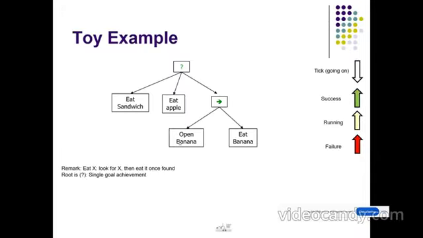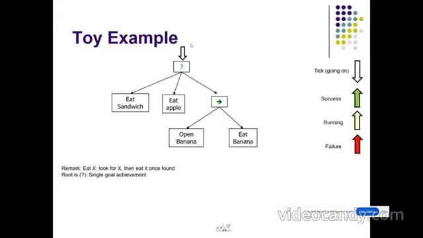Now here you have to do both, open and eat, because you cannot eat the banana without opening it. What if you don't find a banana? You will go here and you will end up with failure. And at the end, this execution of the behavior tree will be repeated in the next update. So one execution of the behavior tree in the update may stop here or here or here, or none. It will do none because the situation is not working.